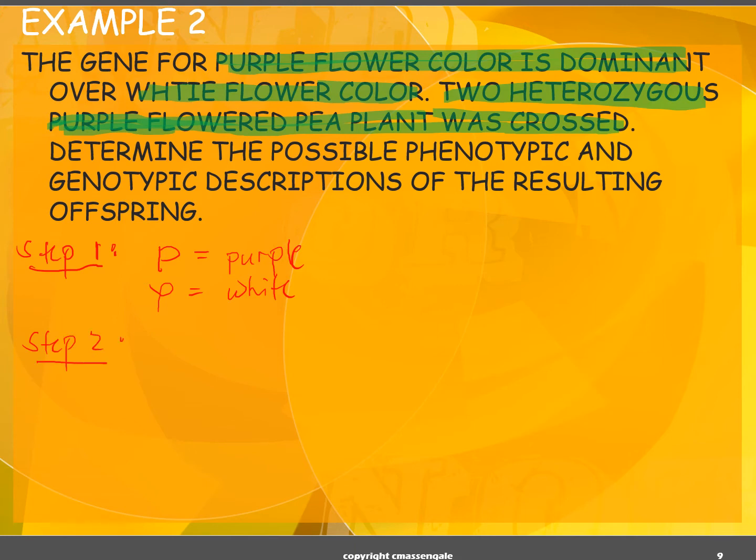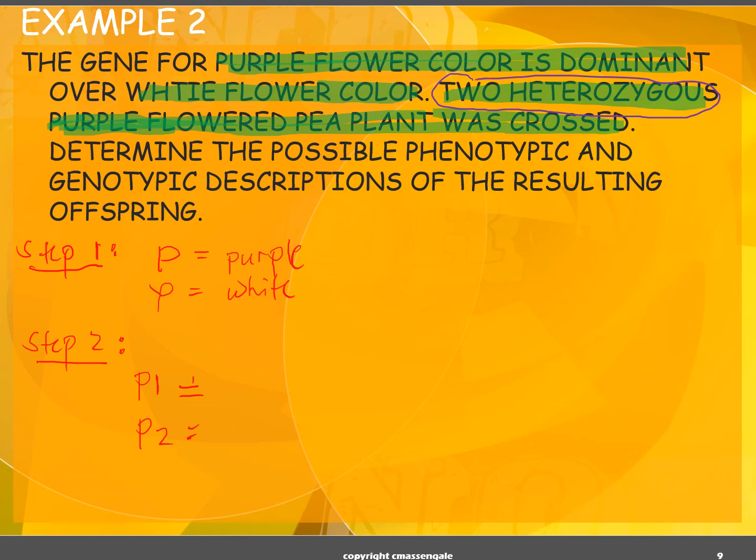So in step number 2, we will determine the genotypes of the parent. So parent number 1. Okay, so parent number 1 and then parent number 2. So let's identify. So for parent number 1, let's go back with the problem. So ito po siya. So 2 heterozygous. So dalawang heterozygous purple flowered pea plant are the parents.